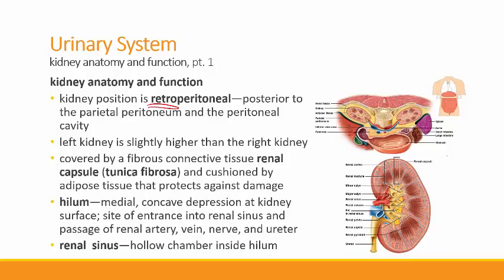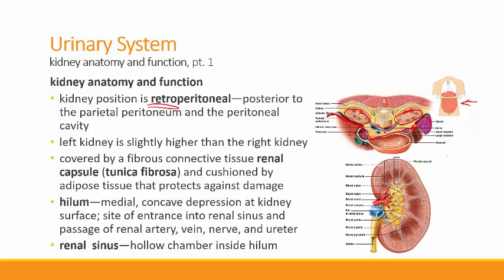And so here we're looking at a slice that's right through the liver and across the top of the stomach, and you can see the kidneys have been sliced right across the top, and this black line exhibits where the parietal peritoneum would be, and so notice that the kidneys are outside of that peritoneal cavity. That means that they don't have the protection afforded by peritoneal fluid, and so instead they are packed up in adipose tissue that helps prevent them from being bumped and jarred around.